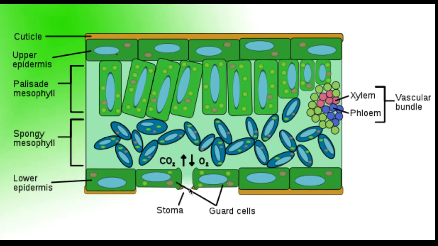Through this stoma, there will be gas exchange, oxygen, carbon dioxide, and so on. How can a stoma open and close? By the activity of these guard cells. The guard cells will determine whether there will be gas exchange or not. What causes the guard cells to open and close? It's the turgidity, the amount of water inside these two cells.